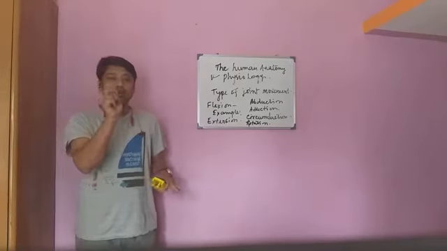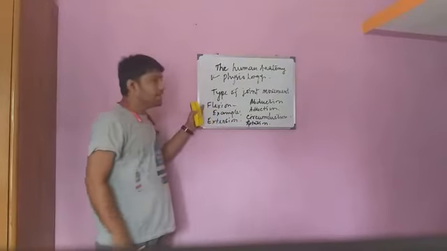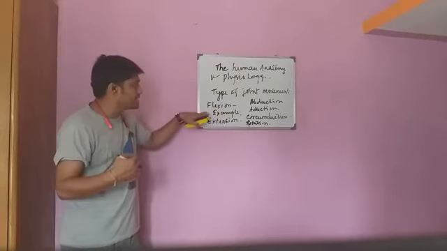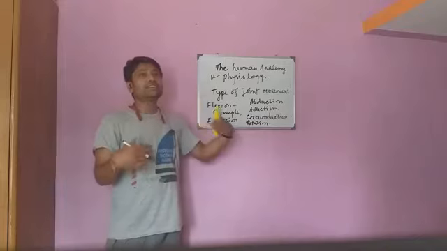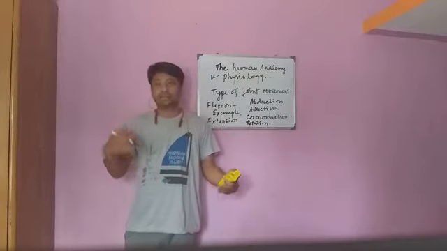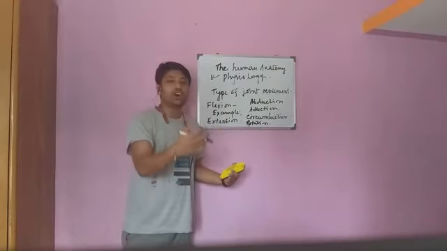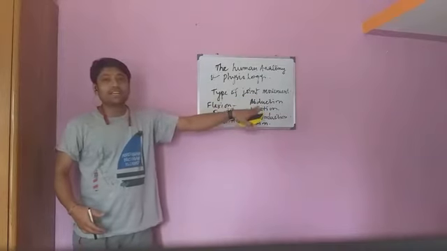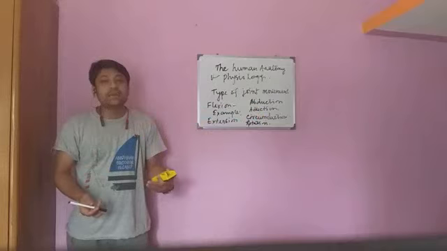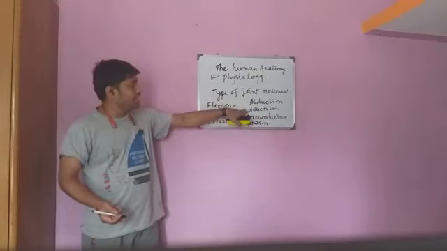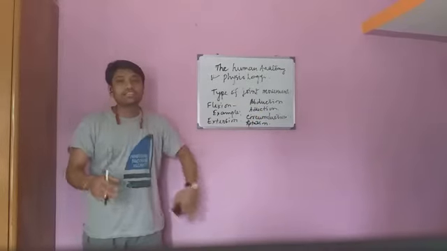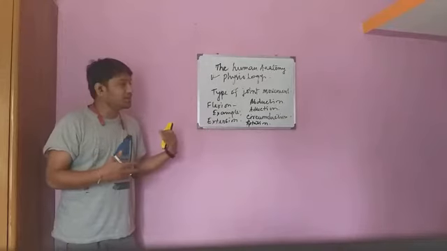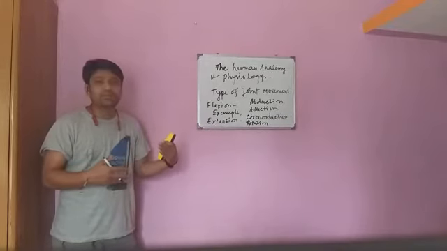Look, flexion decreases the joint angle, like biceps curls. Extension increases the joint angle, like putting the shot. Next one, abduction, during a jumping jack movement. Adduction means returning back from the jumping jack movement.